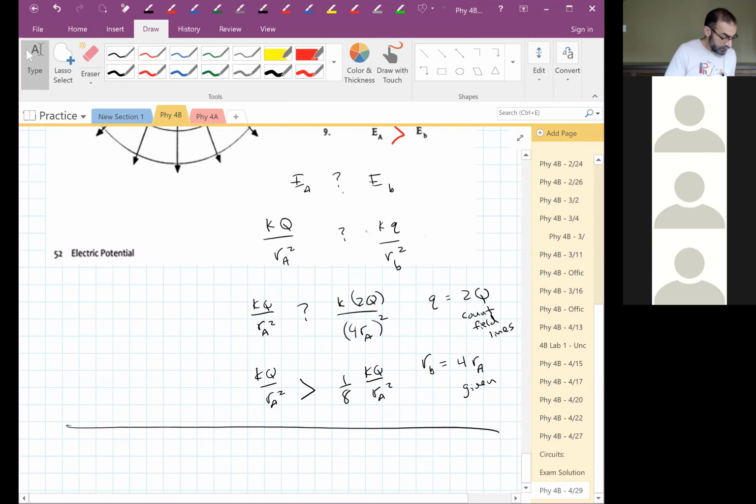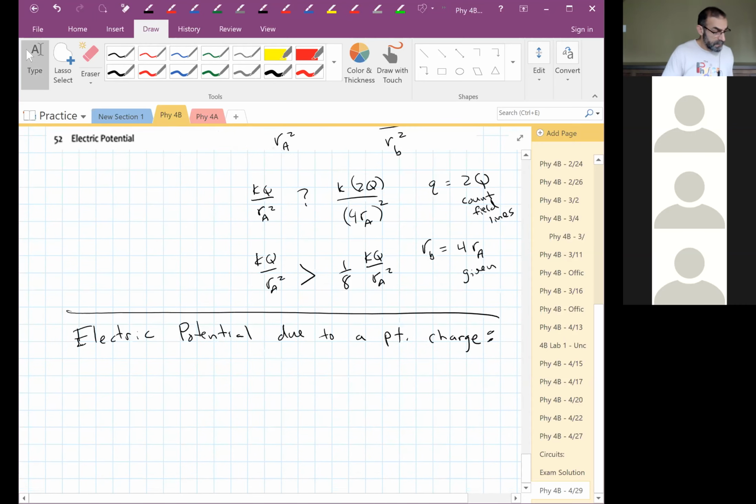Point charges. We got a point charge filling the space around it with an electric field.